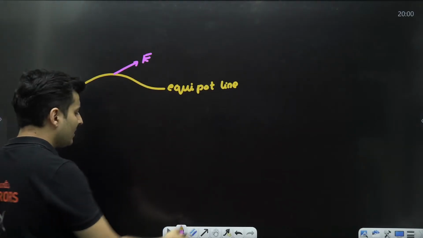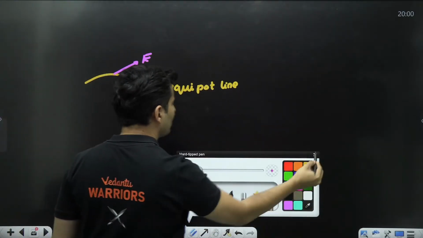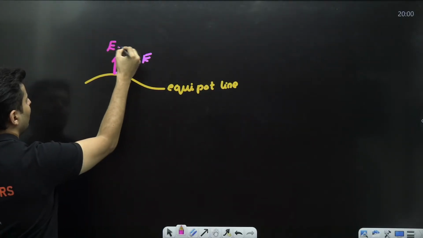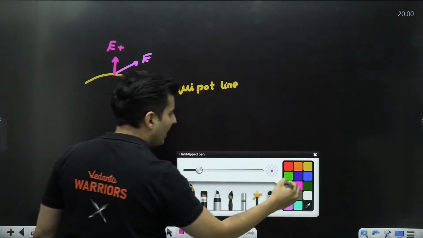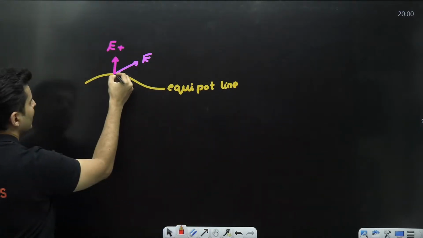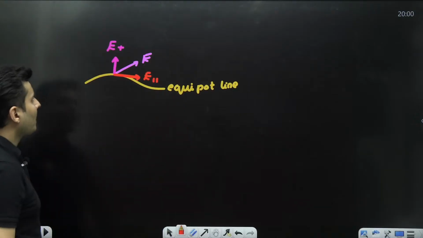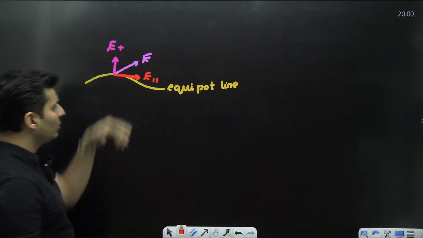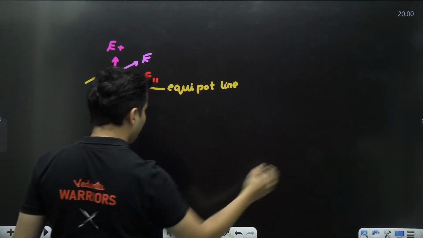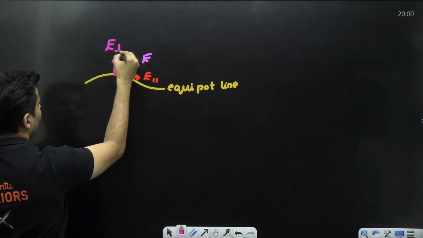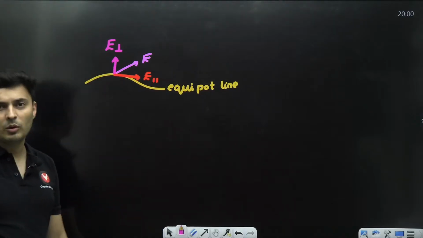If it is making some angle, then there will be two components of the electric field: one which is perpendicular, and another which is parallel to the equipotential line. Everybody agrees with this? One perpendicular, one parallel to the equipotential line.